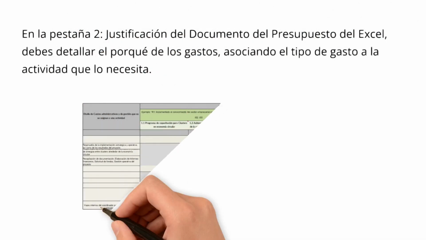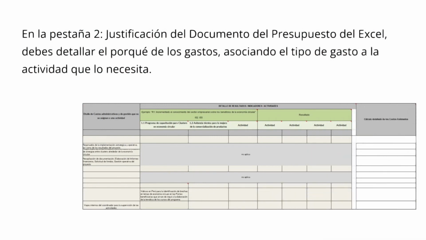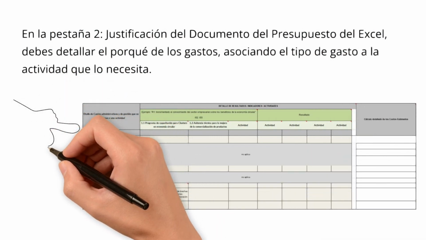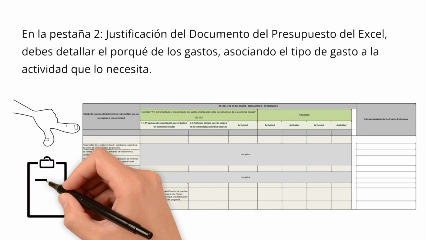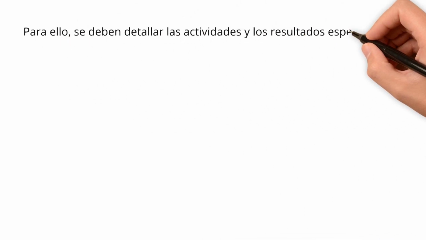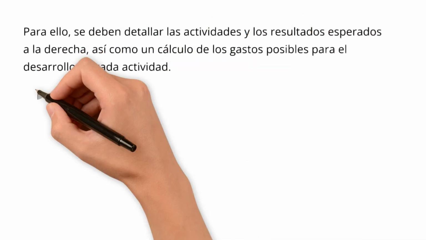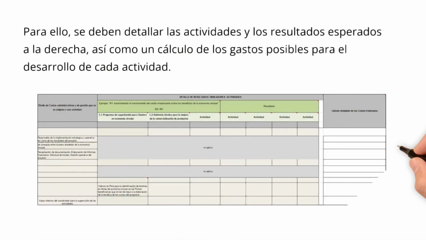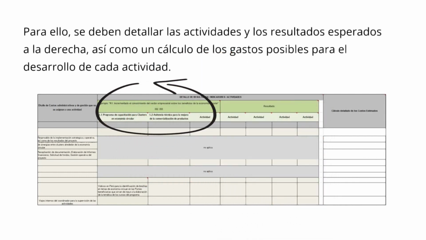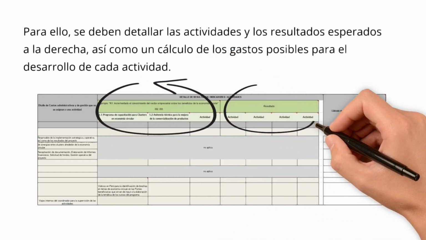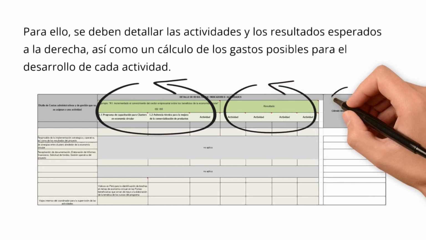In Section 2, Justification of the Excel budget document, you must detail the reason for the expenses, associating the type of expense with the activity that requires it. To do this, the activities and expected results must be detailed on the right, as well as a calculation of the possible expenses for the development of each activity.